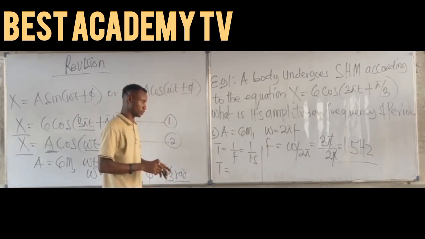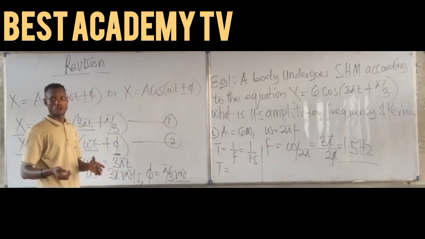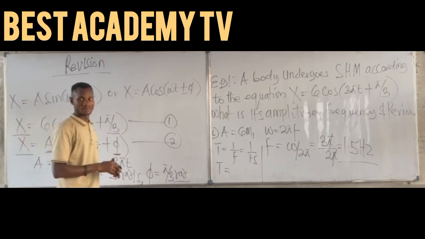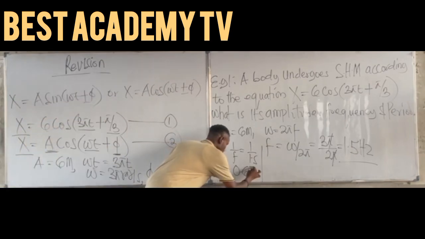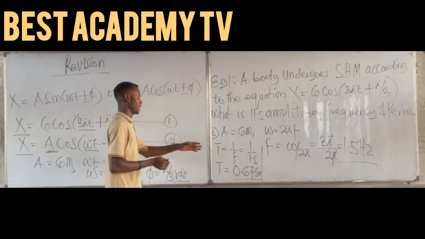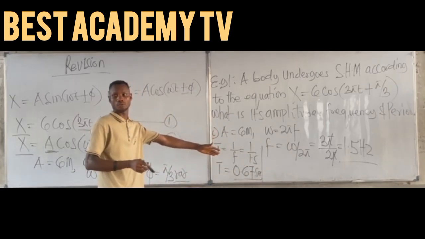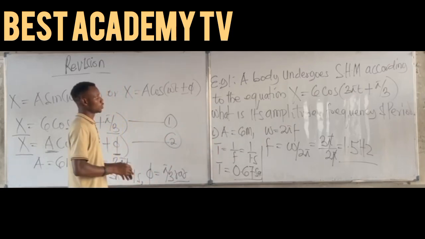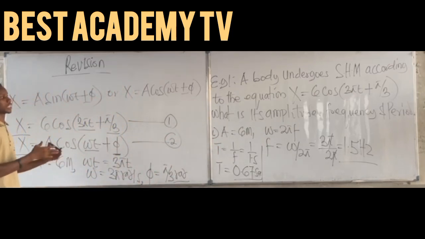Just punch your calculator. The answer is 0.67 seconds. Please take note. 1 divided by 1.5 will give us 0.67 seconds.